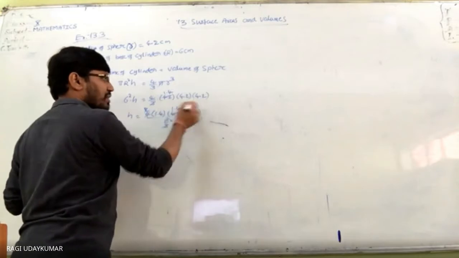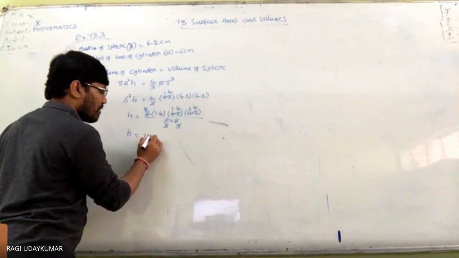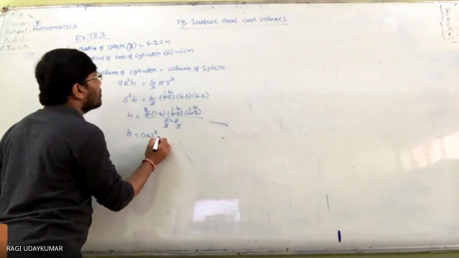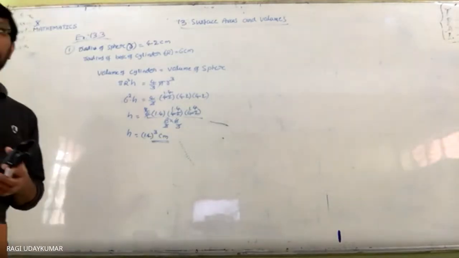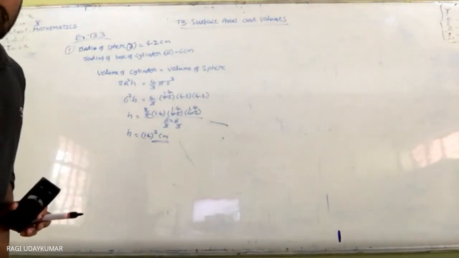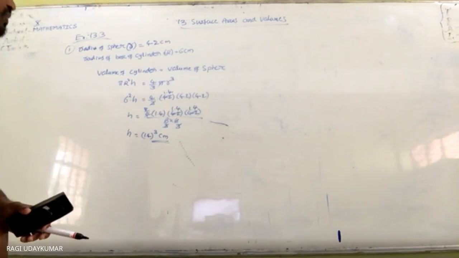So 1.4 three times here. So h is equal to 1.4 whole cube centimeters. The height is 1.4 whole cube, whatever value you get, you need to find out here.